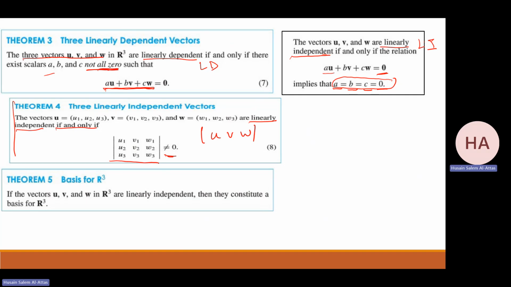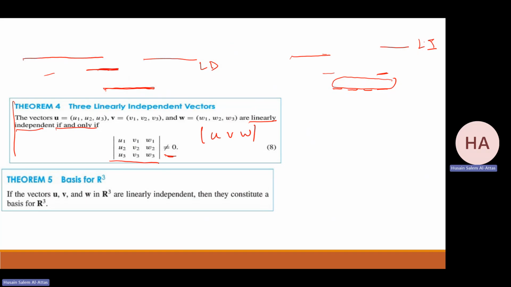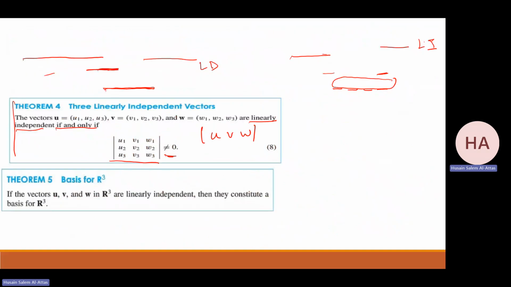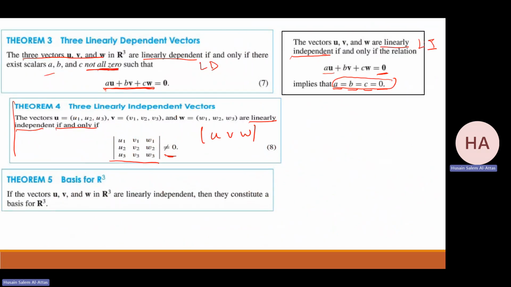Let me apply that to the two easy examples we did before, which are minus 1, 3 and minus 5, 15. Let me do it here. I have U minus 1, 3, and V minus 5, 15. By the way, this can be generalized to 3 vectors, 4 vectors, anything else. So I will find the determinant of U, V, not U times V, U as a vector, V as a vector.